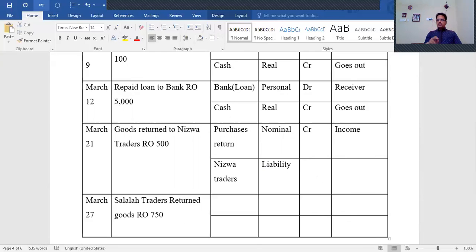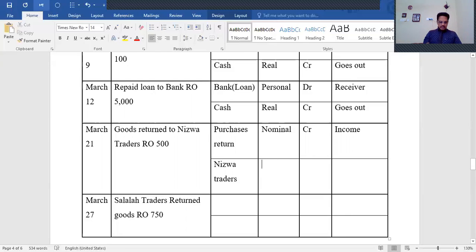Now, Niswa Traders is a liability. When you purchase goods, your liability increases. When you return some of the goods to them, your liability decreases. But here there is no matter of liability, we went to the first modern approach.